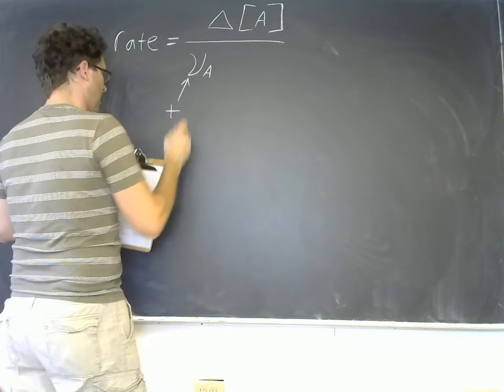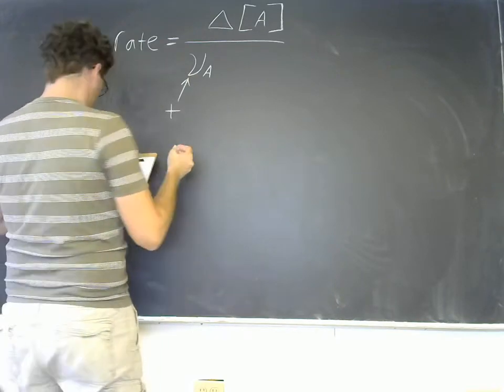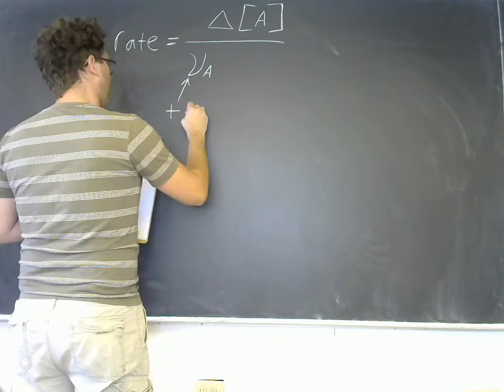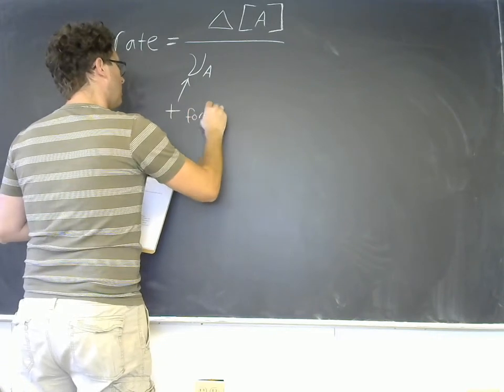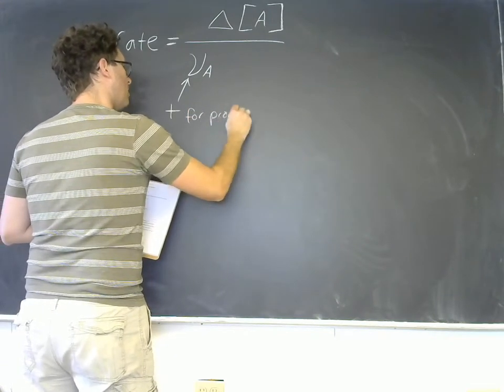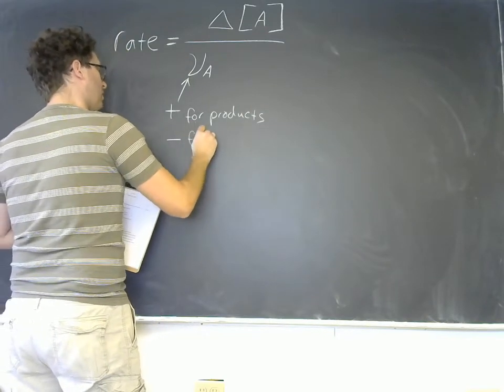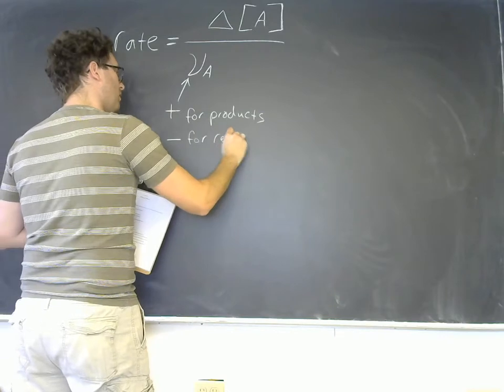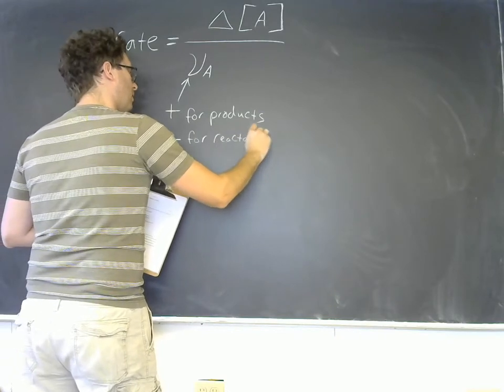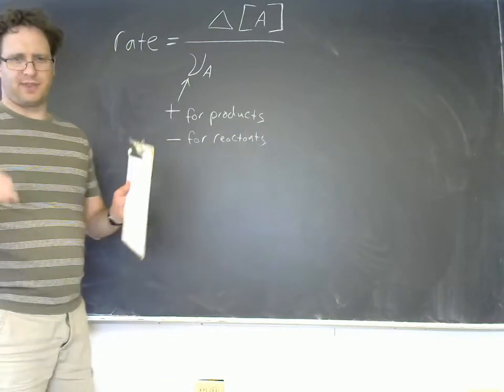This is going to be positive valued for products. And it's going to be negative valued for reactants. And we'll talk about why that is in just a second.